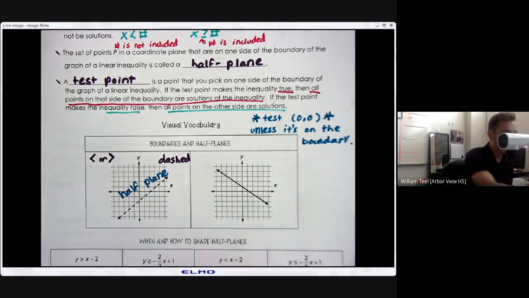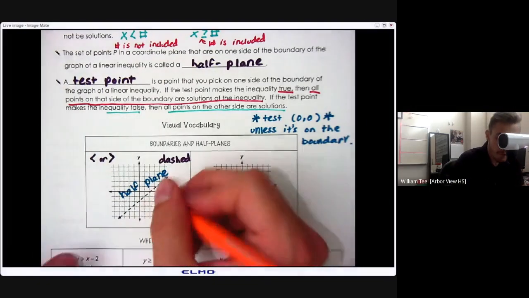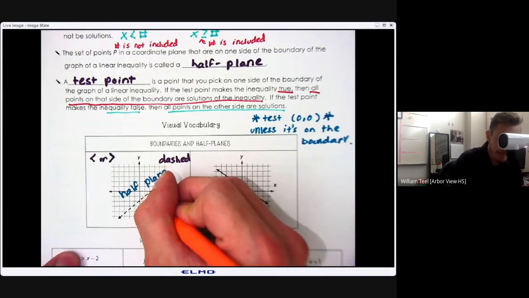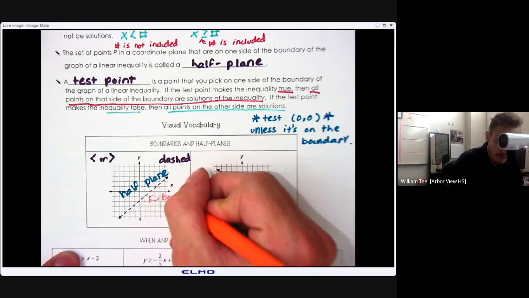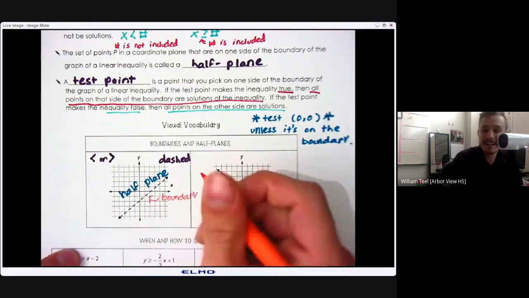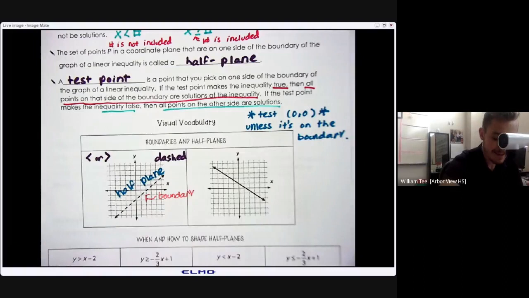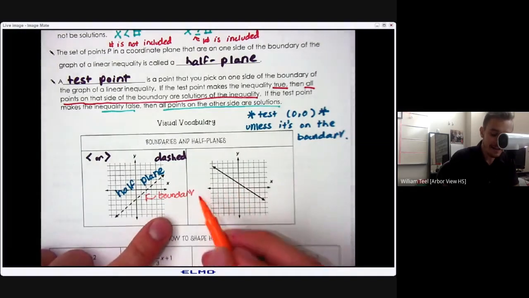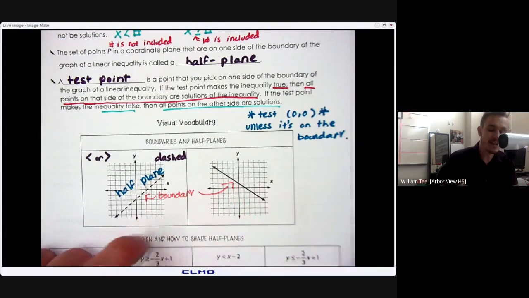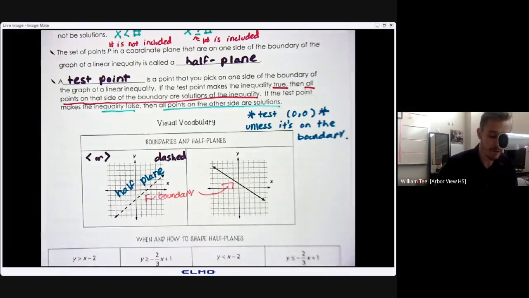Now, the line itself, again, is referred to as a boundary, because that is going to represent our inequality right there. That is called the boundary. Also, this side, the solid line, is also a boundary for a different inequality. So that's just a visual representation of some of our vocab words.